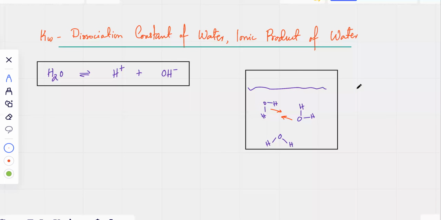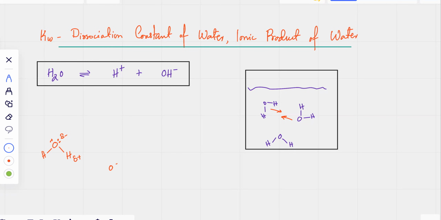We know that water is a polar molecule. So here's a water molecule, here's another water molecule. In water molecules, the oxygen has lone pairs, which have a partial negative charge, and the H is partial positive, because it's a very polar bond. Oxygen is a very, very electronegative atom.